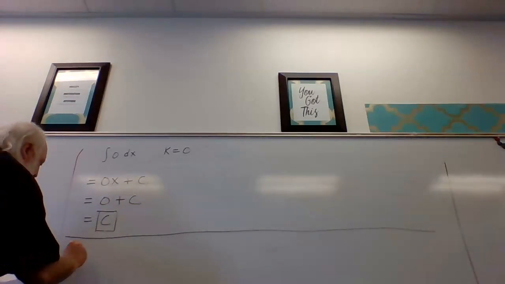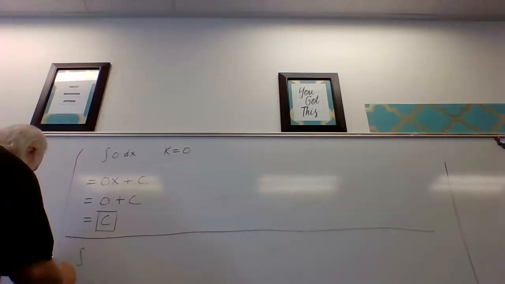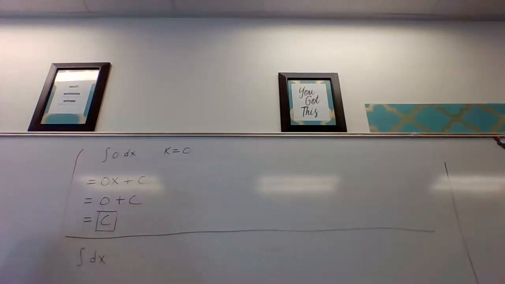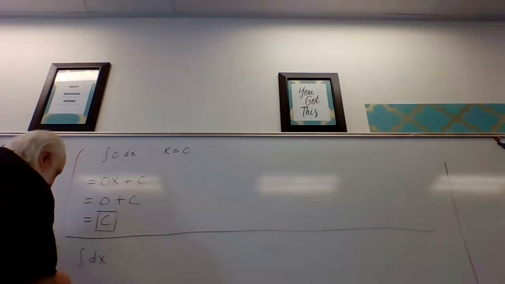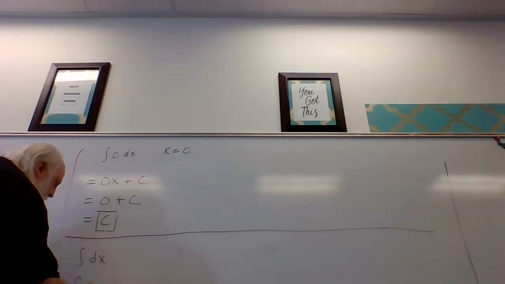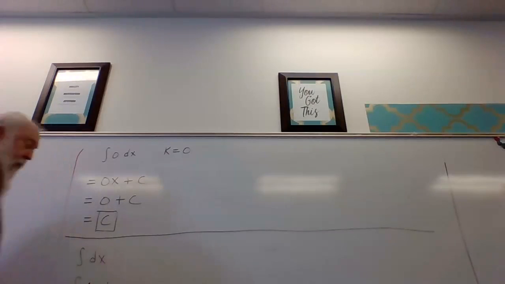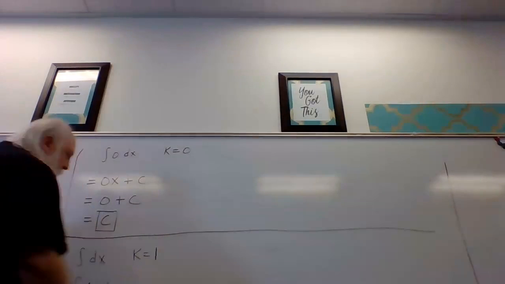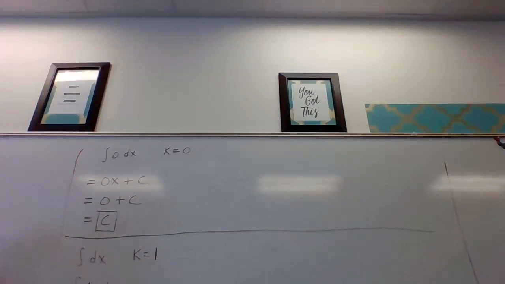Example 4, we have to find the antiderivative of dx. Well, what's between the integral sign and dx is the invisible 1. Okay? So this is equal to the antiderivative of 1 with respect to x. So k is actually equal to 1 in this case.